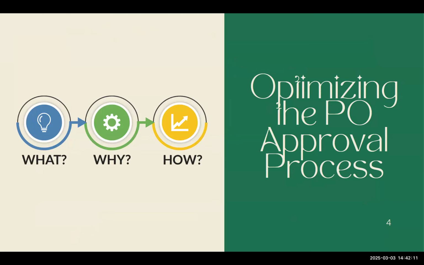This not only slows down the process, but also increases the chances of miscommunication and missing approvals. We recommend implementing an integrated purchase order approval system instead of relying on scattered email threads. QuickBooks can be paired with an approval workflow app. My team will continue on.